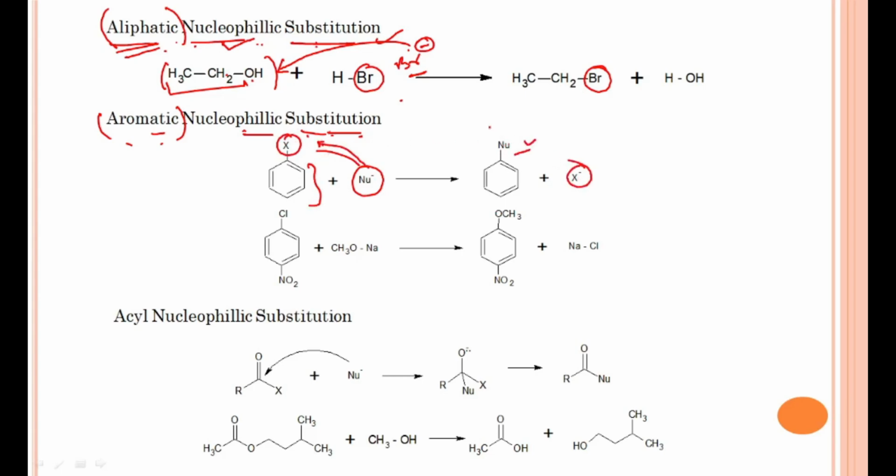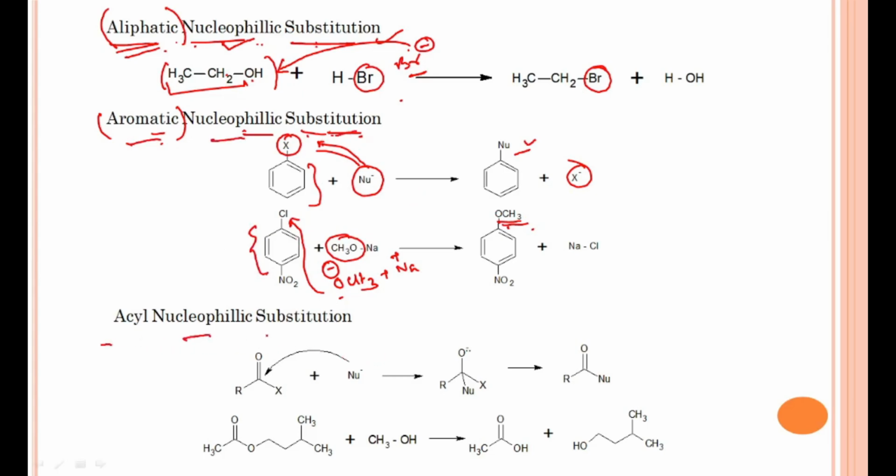That's a nucleophilic substitution reaction. Let's discuss it by taking an example. Here this OCH3 generally forms OCH3 minus and Na plus. So this is a nucleophile which replaced this chloride ion. So that is a nucleophilic substitution reaction occurring in aromatic compounds. That's why it is an aromatic nucleophilic substitution reaction.